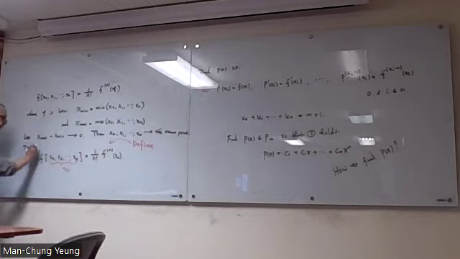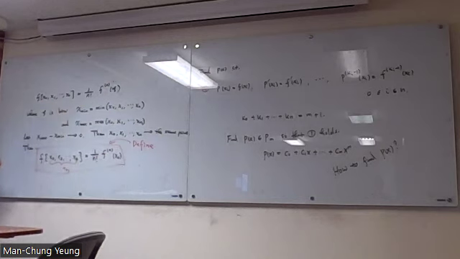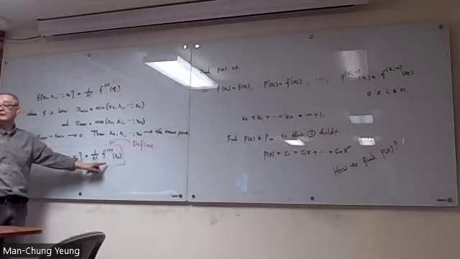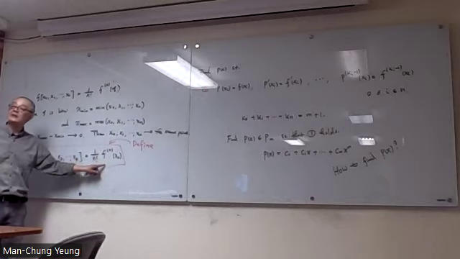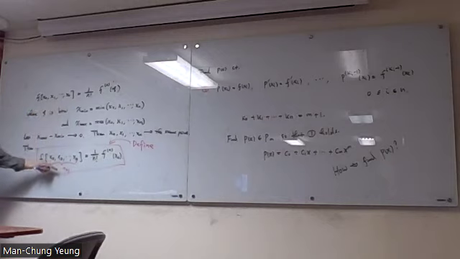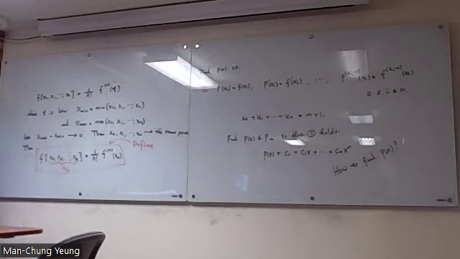This is a definition. You don't need to ask why. The rationale behind is here, but after we get this, we can consider this as a definition. I use this notation to represent the right side.